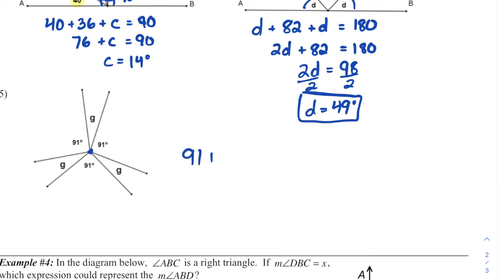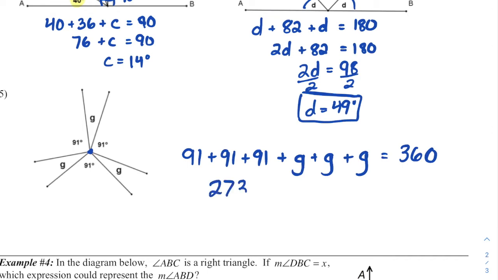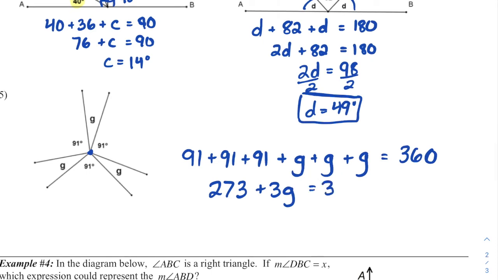We have 91 plus 91 plus 91 plus G plus G plus G, and that's going to equal 360. 91 plus 91 plus 91 is 273. G plus G plus G is 3G. Subtract 273 from both sides. That's 87. And then divide both sides by 3.